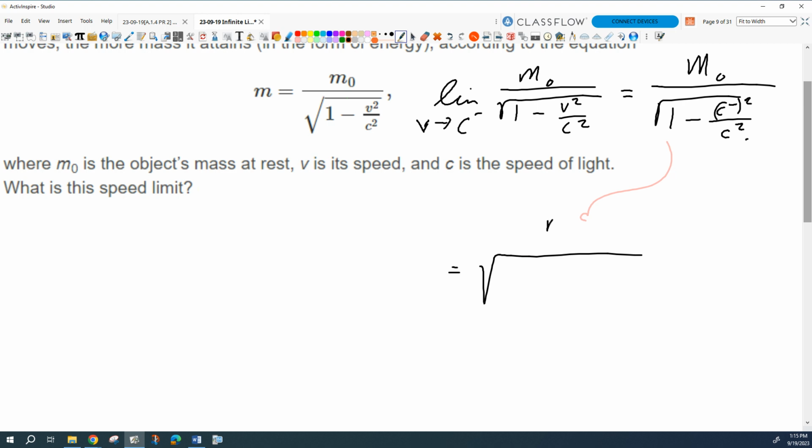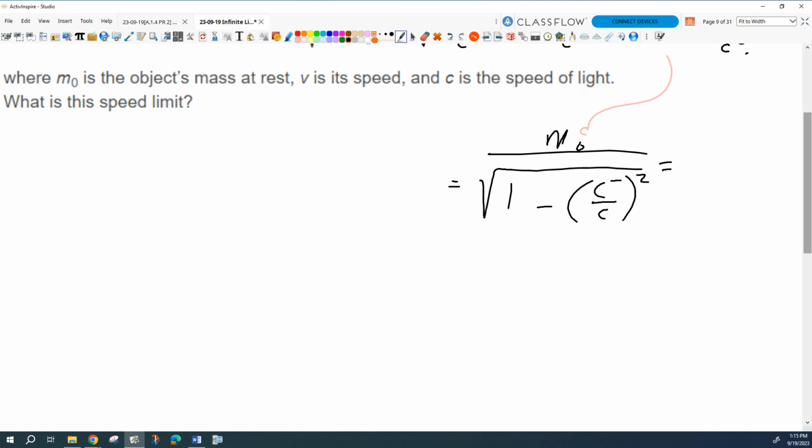m naught divided by the square root of 1 minus the quantity c minus over c, squared. Well, what's c minus divided by c? 1 minus, okay? One minus squared.